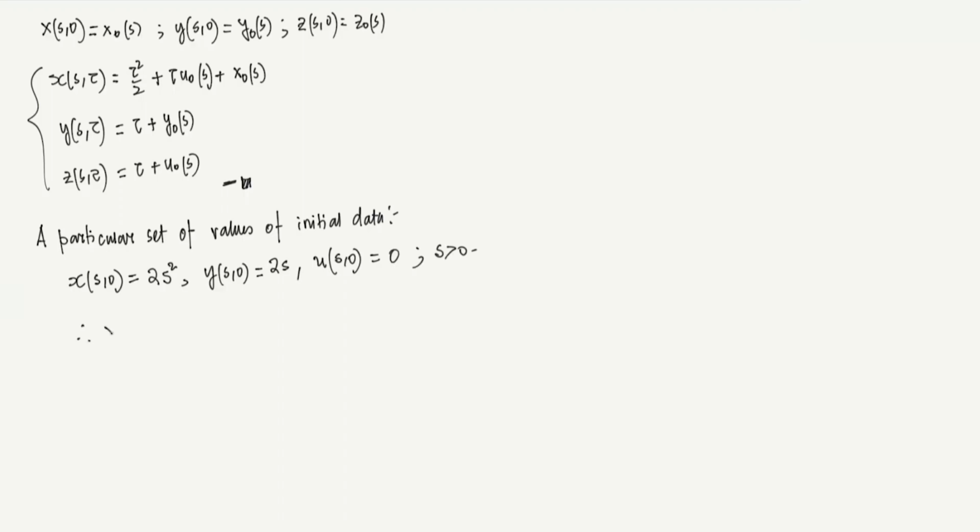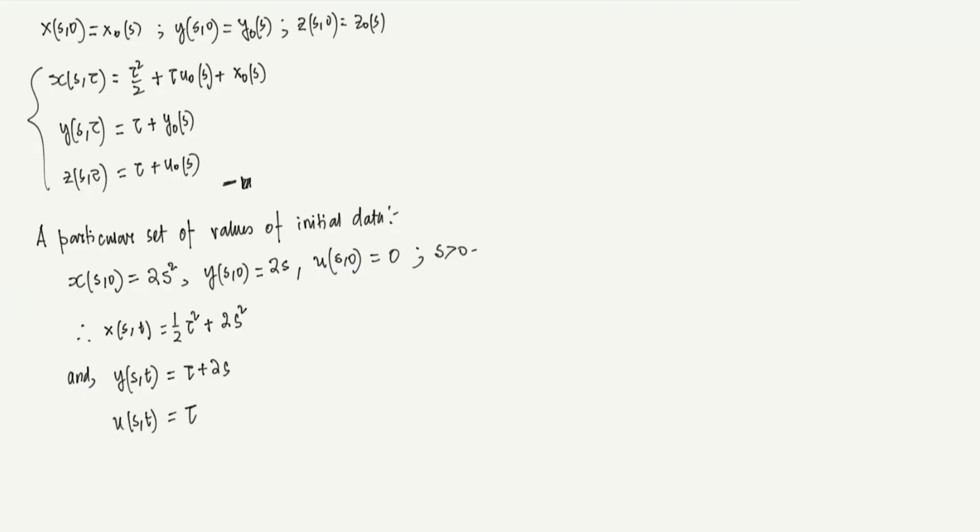If you put all this together, x of s, t is half tau squared plus 2s squared. And y of s, t similarly is tau plus 2 times s. And u of s, t similarly is tau.